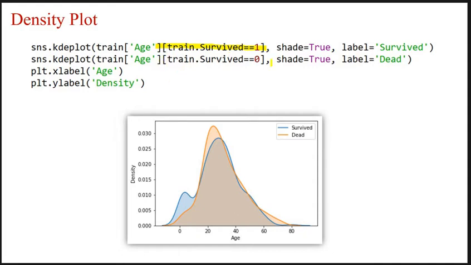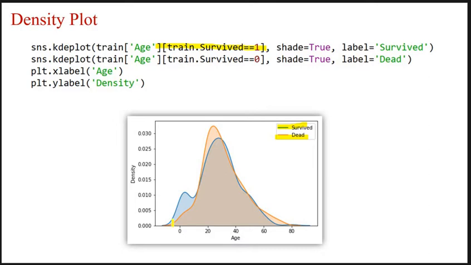So now these are the passengers who survived, and these are the passengers who did not. And these are again the labels. So now we get two density plots. The blue is survived, orange is dead. So you can see that most of the children, right?